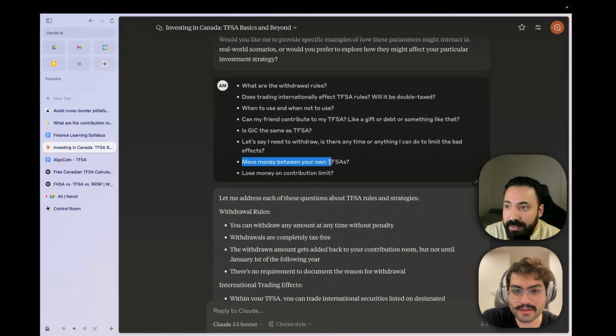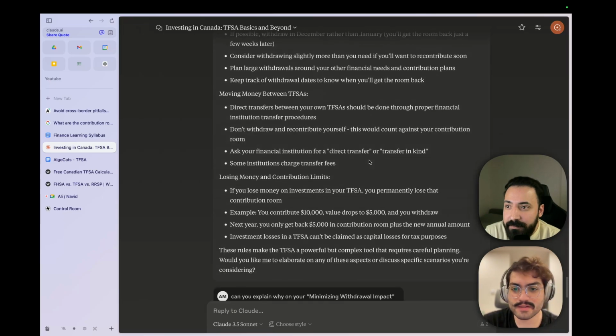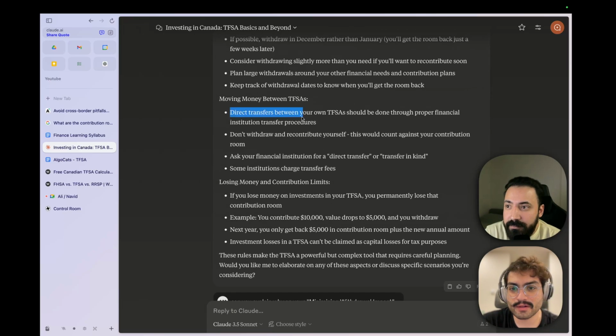Another thing is moving money between your TFSAs. Direct transfers between your own TFSAs should be done through proper financial institution transfer procedures. Don't withdraw and recontribute yourself. There's a direct transfer or transfer in kind.